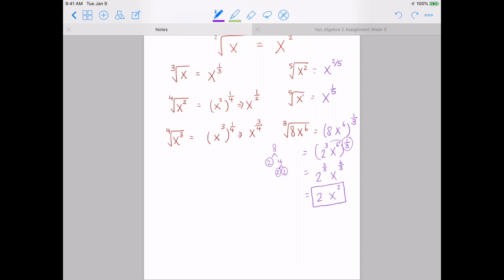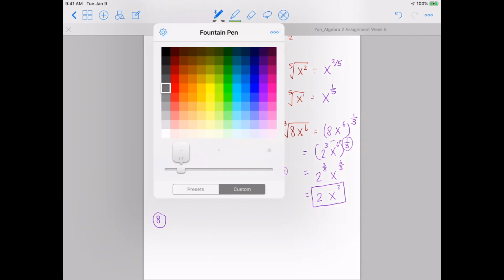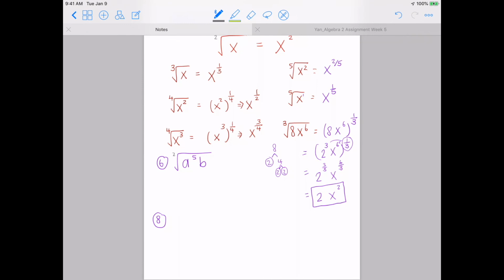So I'm going to show you some of your homework questions. Let's do number 6 and number 8. Number 6, we have a to the 5th power b, and we know there's an invisible 2 on the root, square root.